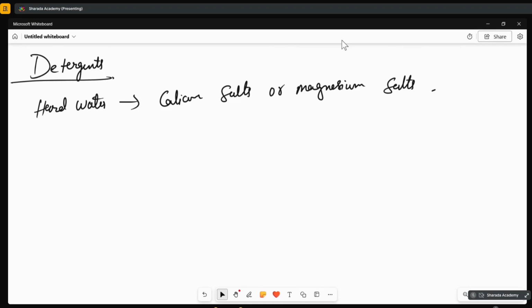So they will use detergents, which have ammonium salts that do not react with calcium or magnesium salts. So they form more lather or foam, hence they can be used.